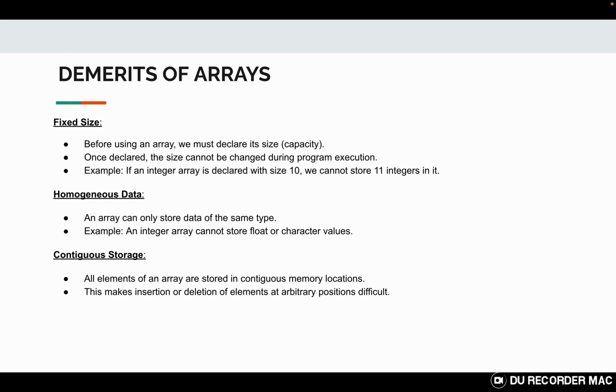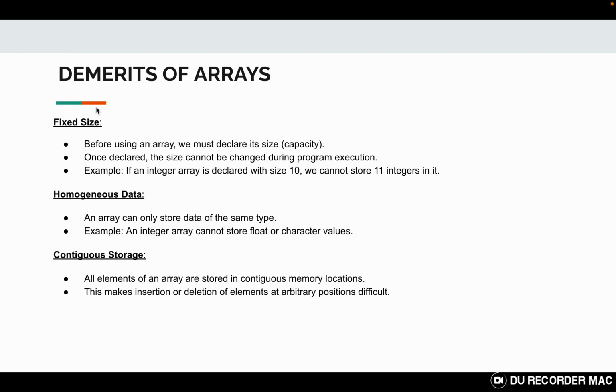Basically an array holds data types of a similar kind. If it is an integer, then it holds all the integer types of data. If it is a float, then it will hold all the data elements which belong to the float. But there are certain demerits of an array, and these are defined below.